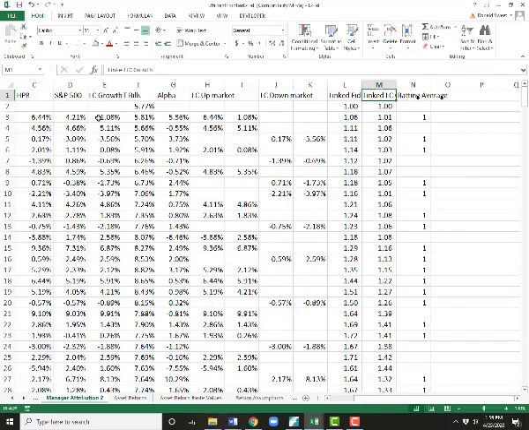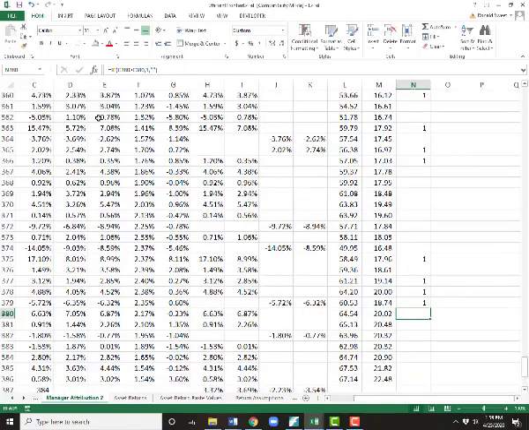And remember, on the index we're using a total return index, so they're not getting penalized because the index doesn't include dividends. It should include dividends. And then the batting average: all I said is, if the Contrafund had a higher return, give me 1. If it had a lower return each month, give me 0. And remember, I was worried last time because they've really not outperformed much in the last several months.